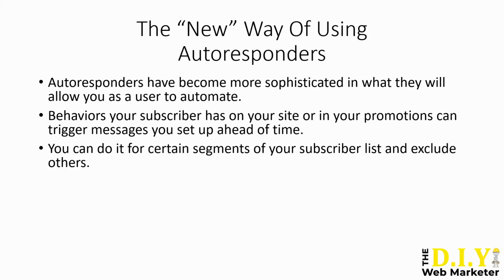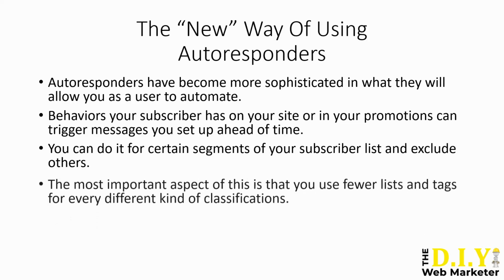For example, maybe you have brand new customers that have come to you in the last 7 days, but you want to have a certain message that's going to be automated that goes to all of your customers when certain things happen. You can make sure that you exclude those people who have just joined your email marketing list. With the understanding of how autoresponders work, you can make sure those people are going to be excluded. But you do want to understand these basics in order to do that.